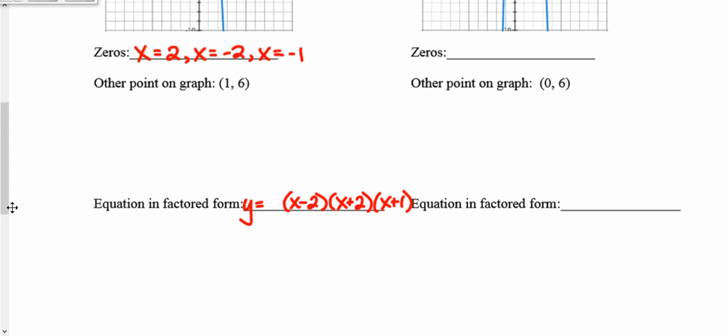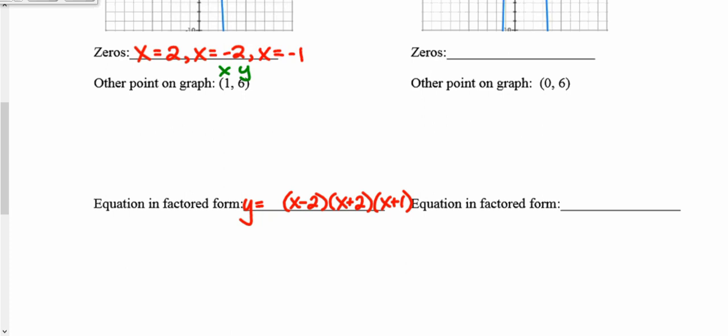But again, this isn't our complete factored form. We're actually missing something, which is why I left that blank in our factored form. So I'm going to write what we have up here and show some work. But I'm also going to think about the fact that I gave you a point, an xy coordinate. So what we're going to do is plug in the 6 for y and the 1 for the x.